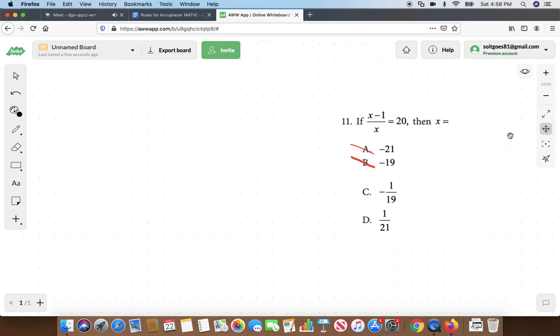Because I think we can plug these in and find out which one gives us a true statement or which one doesn't give us a true statement. So plug in negative 1 over 19 in for x. Let's see what happens.